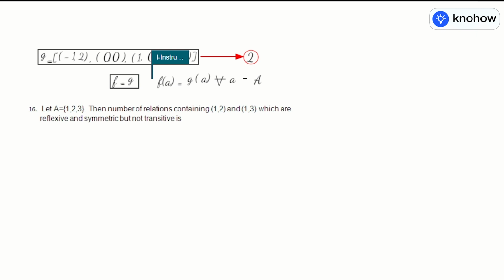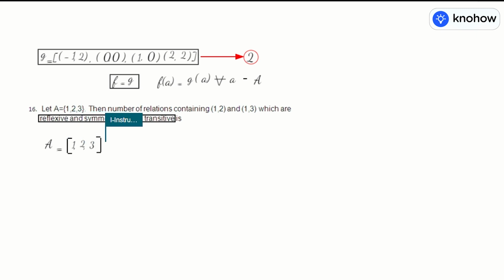The next question is: given a set A consisting of elements 1, 2, 3, find the number of relations containing (1, 2) and (1, 3) which are reflexive and symmetric but not transitive. Because we have to write a relation which is reflexive, the set A is given to be {1, 2, 3}.